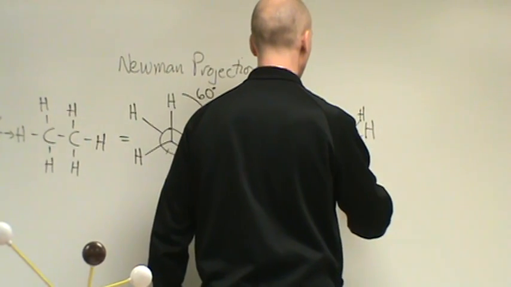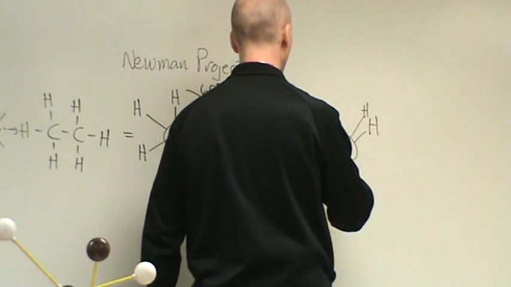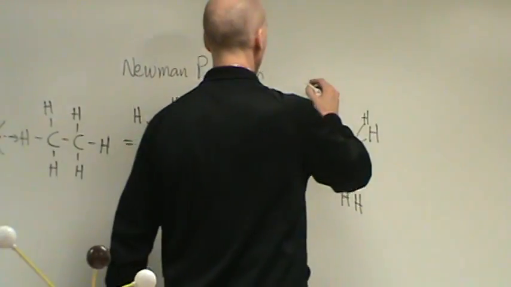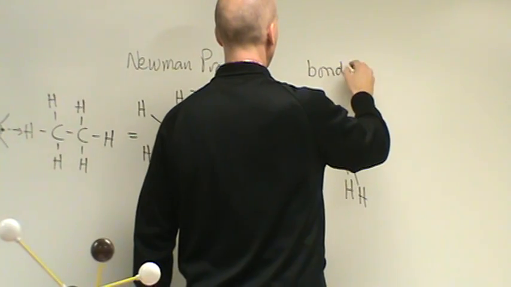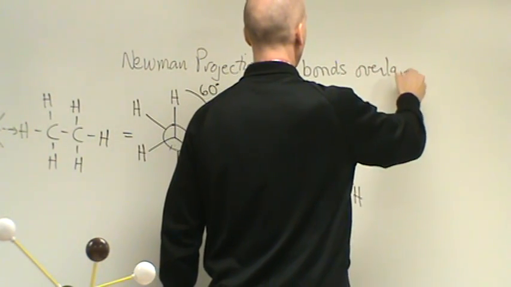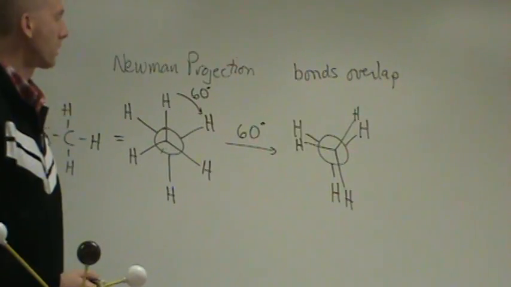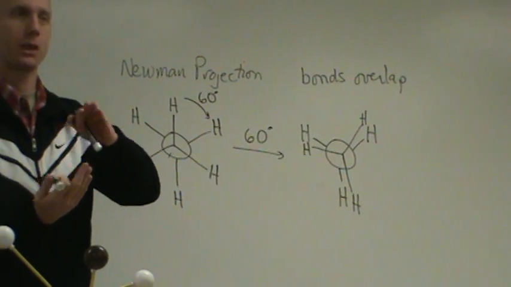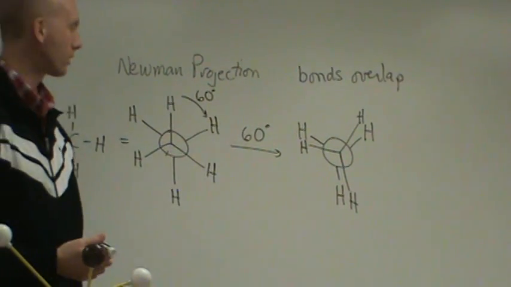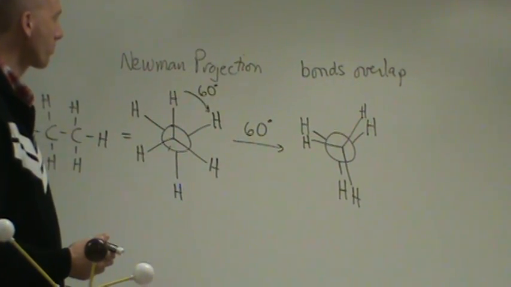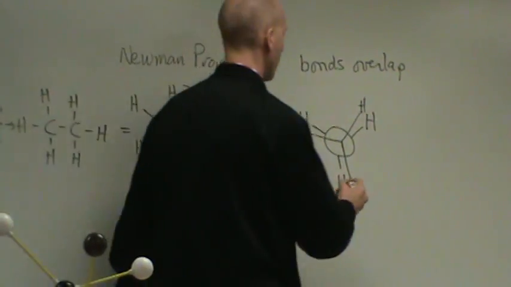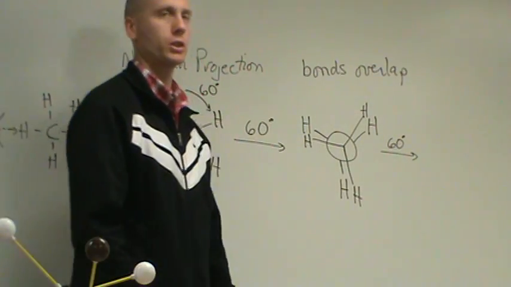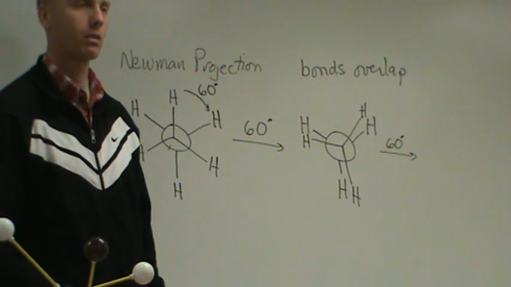And when I do that, they're going to overlap with the back hydrogens. So all the bonds overlap. If you try to draw them right on top of each other, it'd look real messy, but you get the idea, it's close enough. Then if I took this thing and rotated it another 60 degrees, what would you get there?